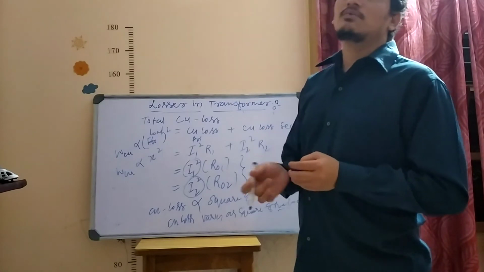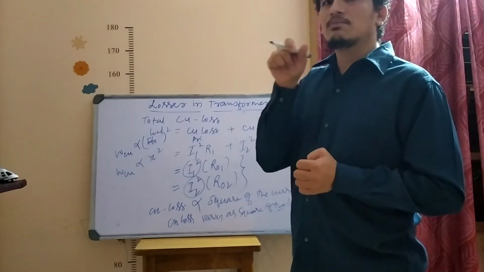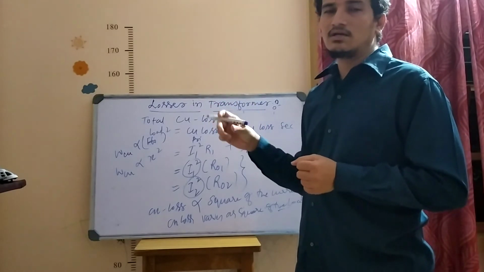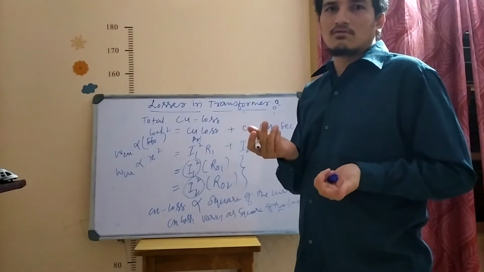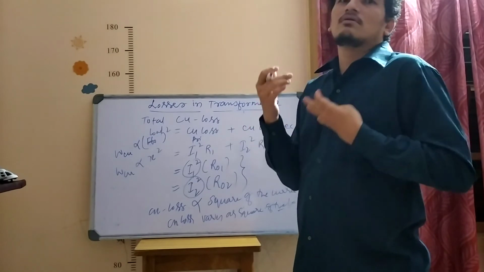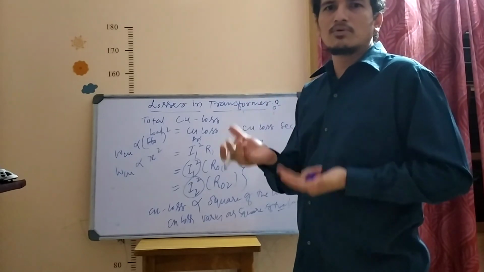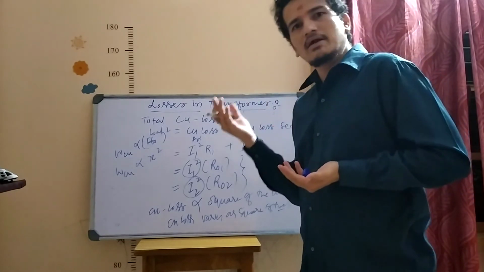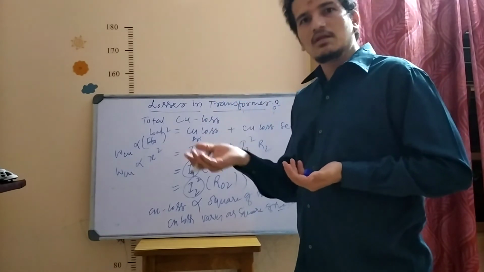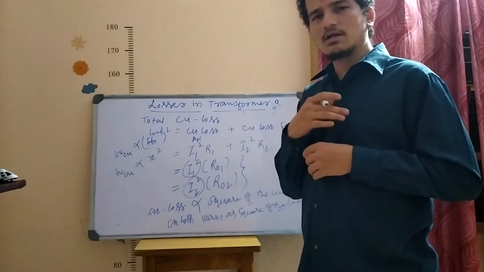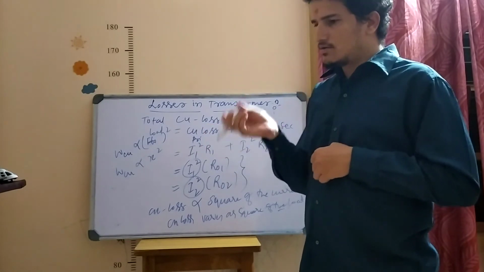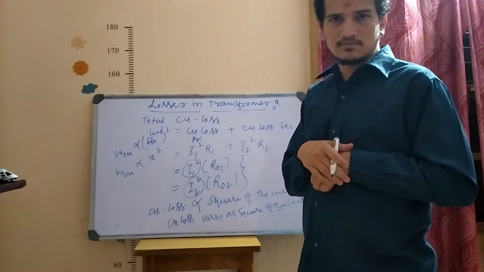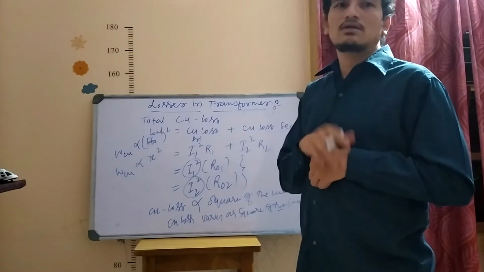The transformer will not know the power factor of the load which is connected to the secondary. Any kind of load you can connect, either pure resistance or 0.8 lagging, 0.9 lagging, 0.6, 0.3, even leading power factor, whatever may be. Power factor is unknown to it.